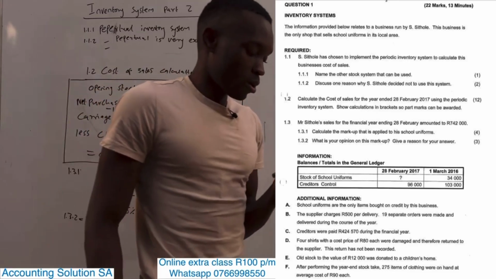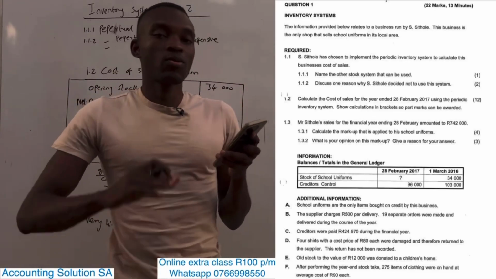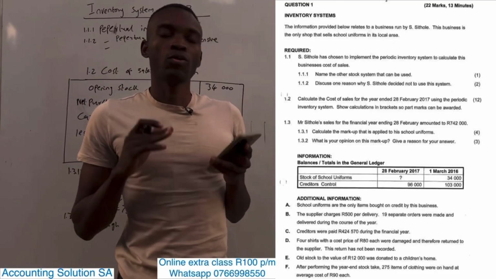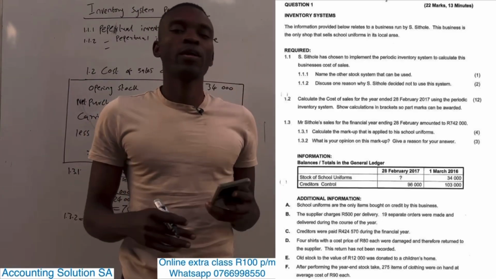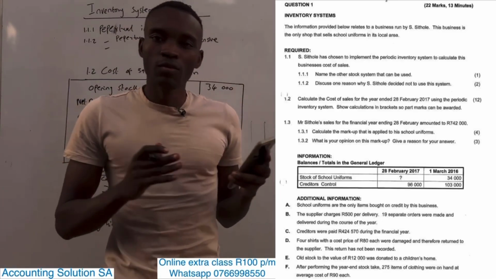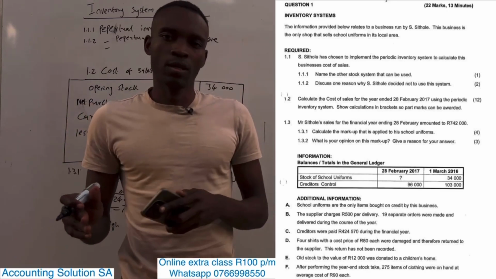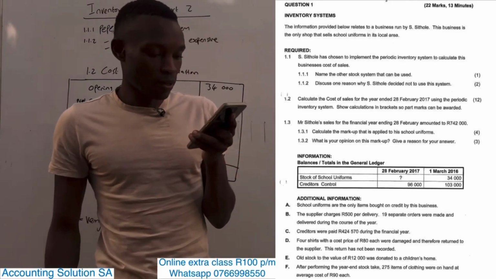So Mr. Sitole is taking advantage that there is no other business selling uniform, which is not good, guys. Uniform is a must when you go to school. So it's not good if that uniform is expensive, because some people can't afford it. So what Mr. Sitole is doing is very, very wrong.